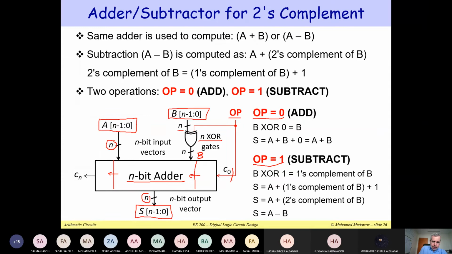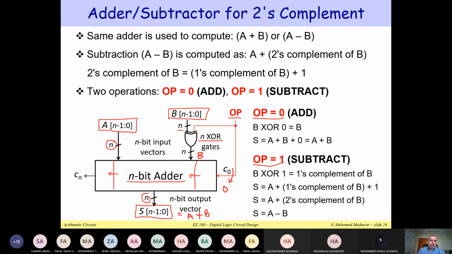If the operation equals 0, the carry input will be 0. So the sum here will be A plus B, plus the carry in C0 equal to 0. So basically it will be just A plus B. That will be the sum. So that's in the case of addition.